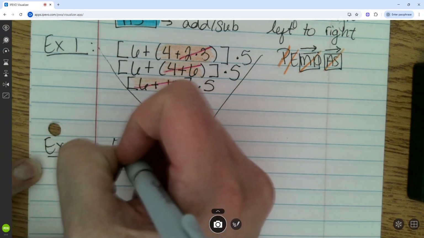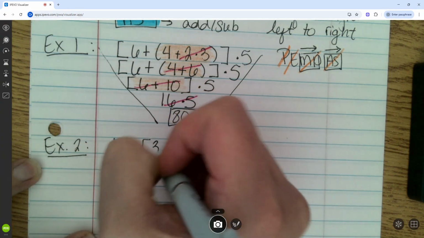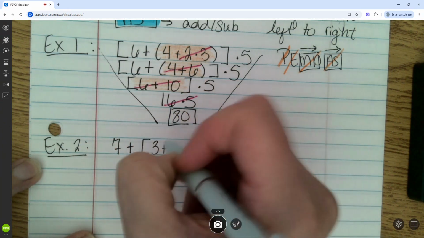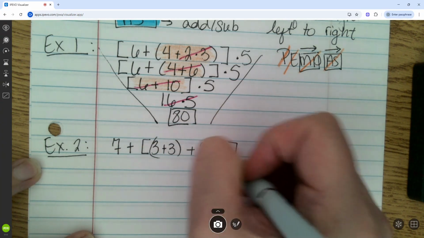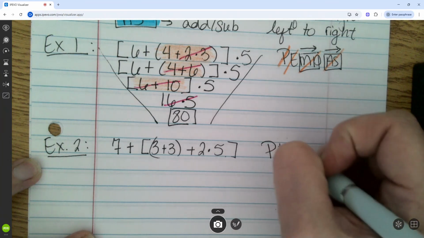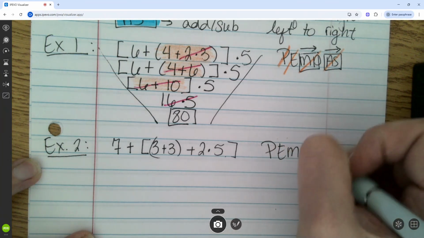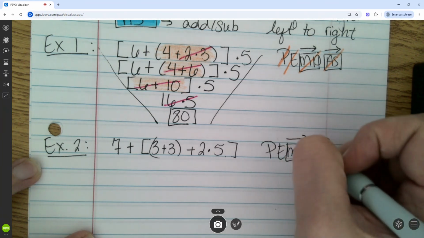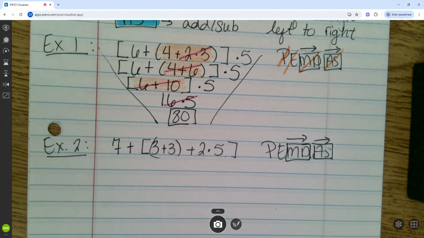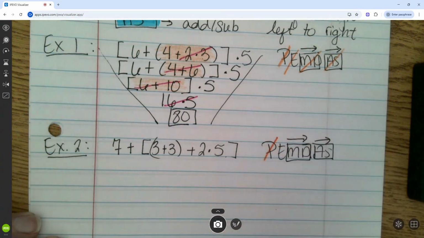Example 2. Again, I'm writing my PEMDAS because it changes depending on the problem. Okay, so again, I have parentheses, grouping symbols.